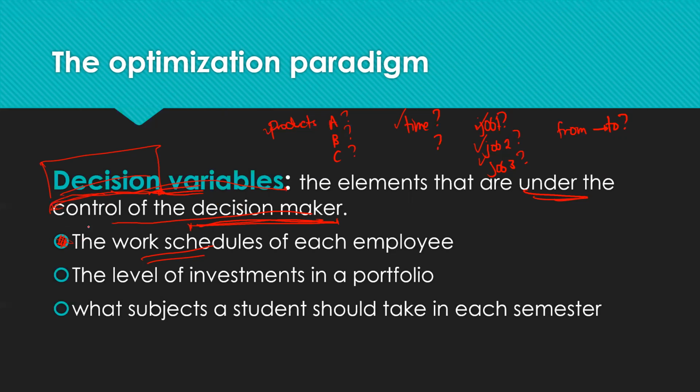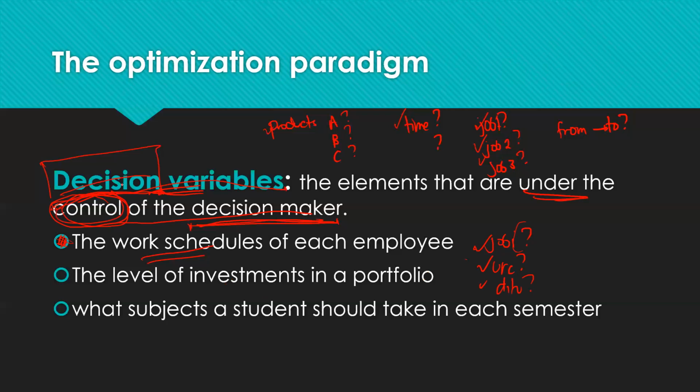And then, once again, kontrolado mo. Another example, level of investment in portfolio. For example, nasa stock market ka. Gaano karami yung bibilhin mo kay Jollibee? Gaano karami yung bibilhin mo kay URC halimbawa? And those questions, kung gaano kadami, is controllable mo rin.